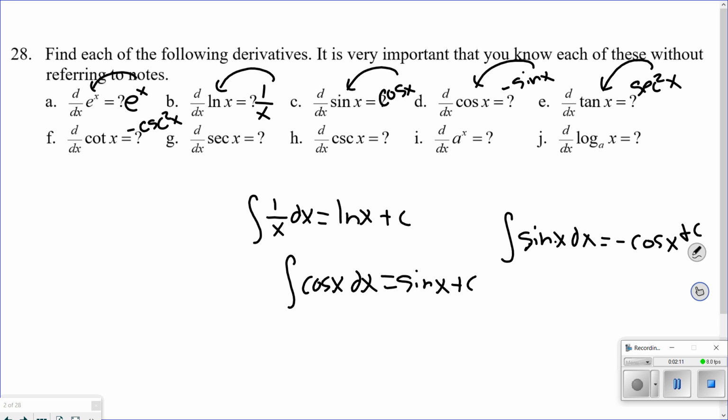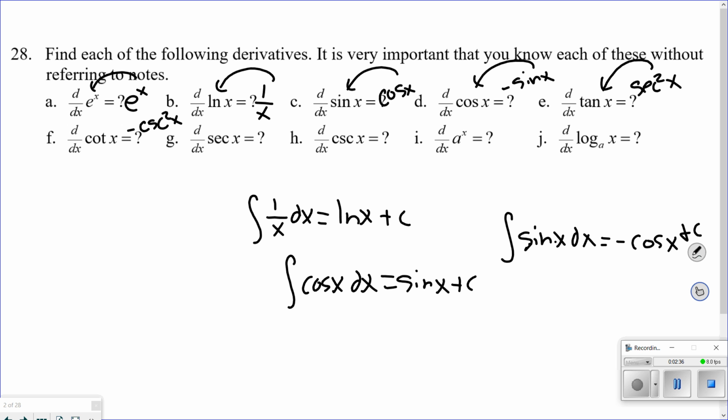It flips the sign. If you change the sign when you take the derivative, then going backwards you still have to change the sign. The derivative of secant of x is secant tangent of x, so the integral of secant tangent of x is secant. The derivative of cosecant of x is negative cosecant of x cotangent of x. So again, going backwards, you have to flip the sign.